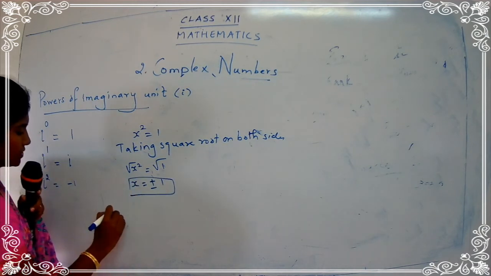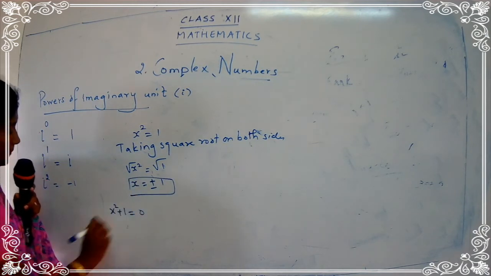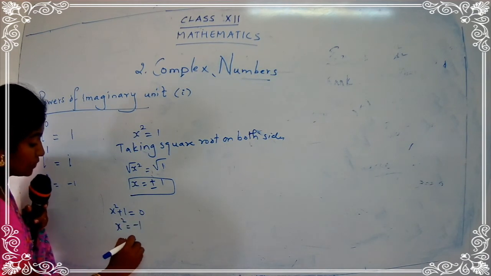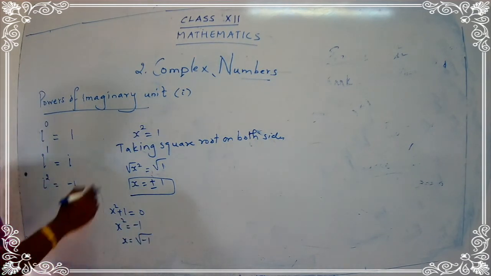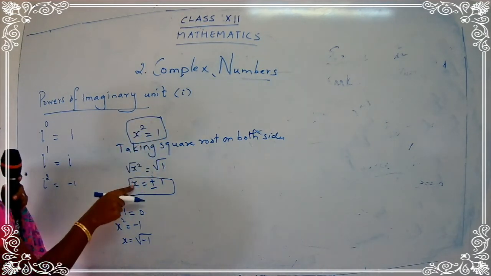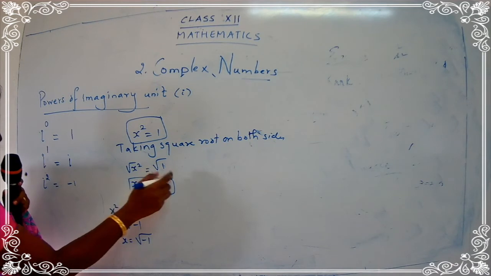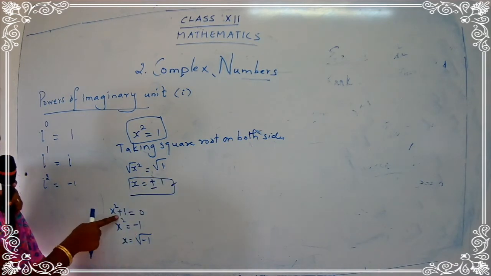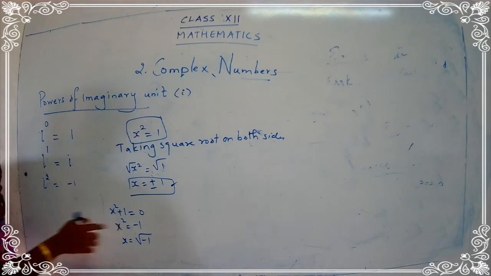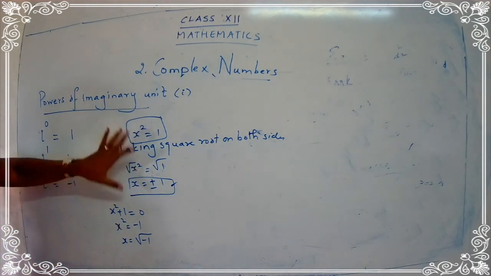In some cases, like x square plus 1 is equal to 0, x square is equal to minus 1. So x is equal to square root of minus 1. When x square is equal to 1, x is equal to plus minus 1. If I have x square plus 1 is equal to 0, I get x square is equal to minus 1. Till here, this is the sum that we have already studied in lower classes.